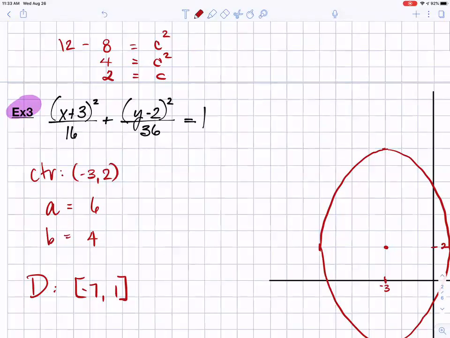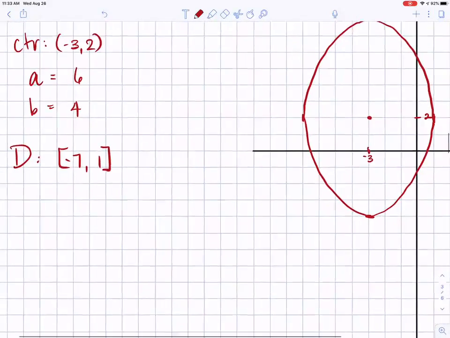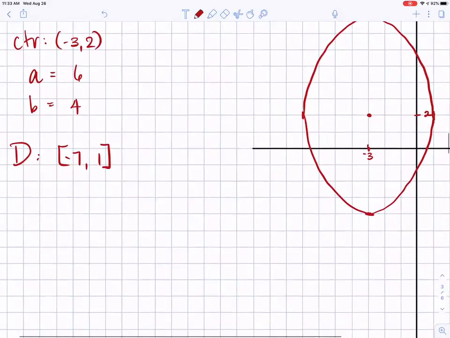Then the same concept applies for the range. So what's your range? Okay, from -4 up to 8. Again, for your range, it's the 2 value that's changing. If you take 2 and drop 6 units, 2 minus 6, that's -4.